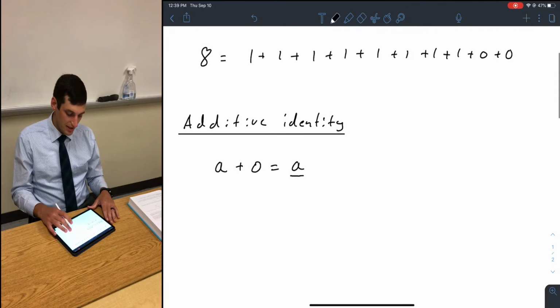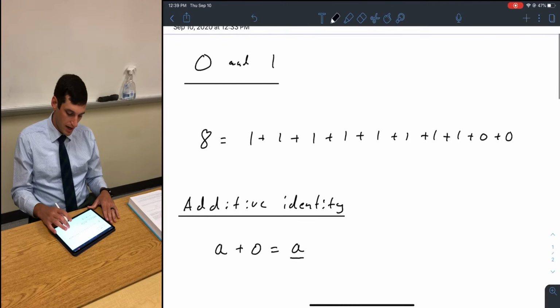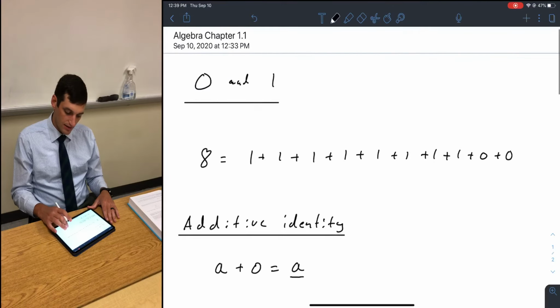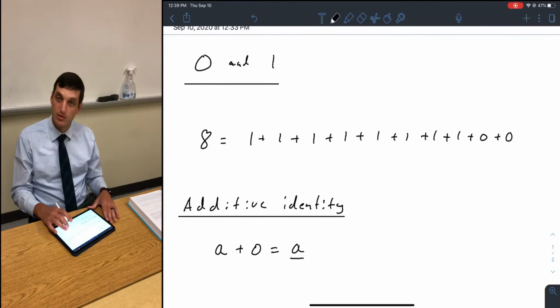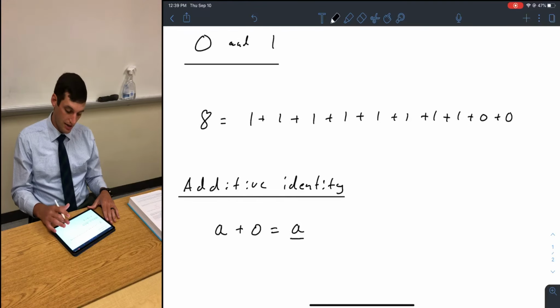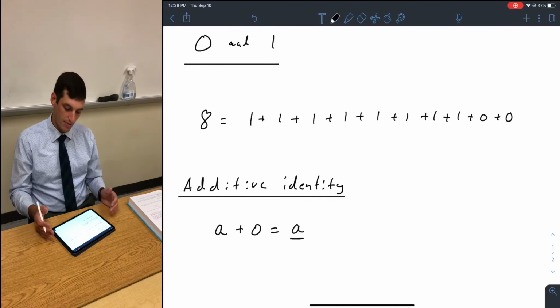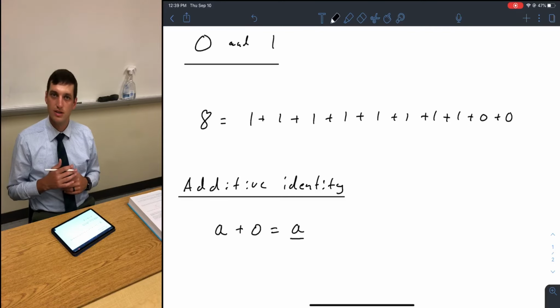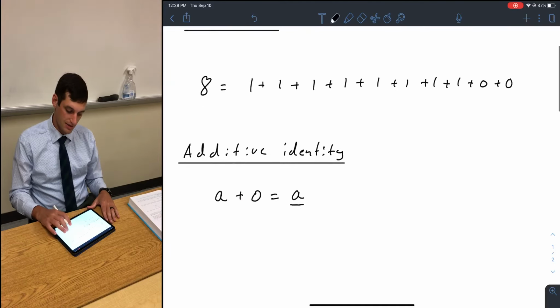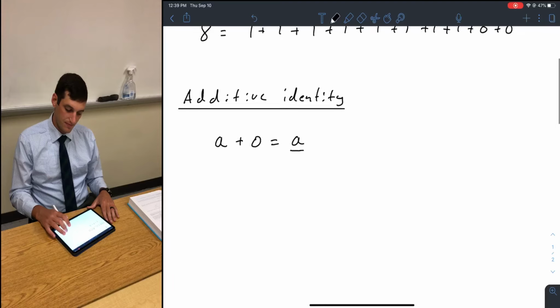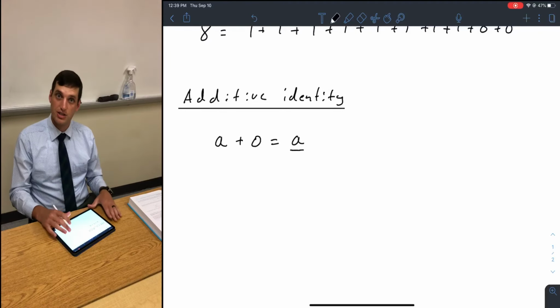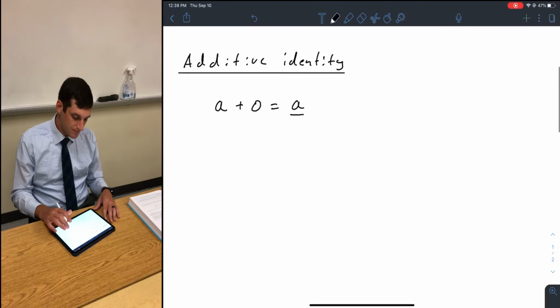So addition is surrounded by the number 0. Any number can be broken down into ones and zeros. I can add that 0 to any number and it'll still maintain its shape. It still maintains its number.